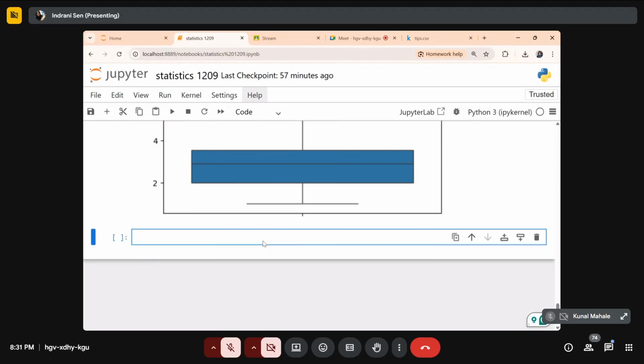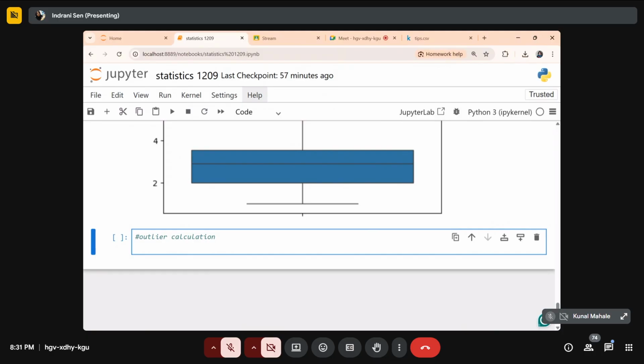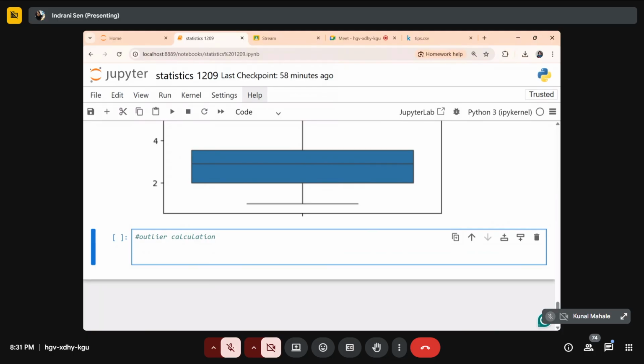Okay, so here is the outlier calculation. I'm just calculating the outlier.